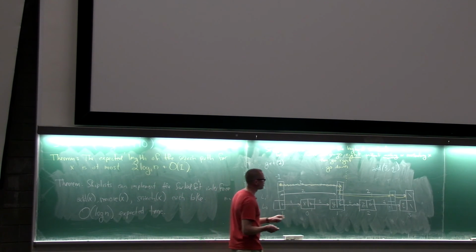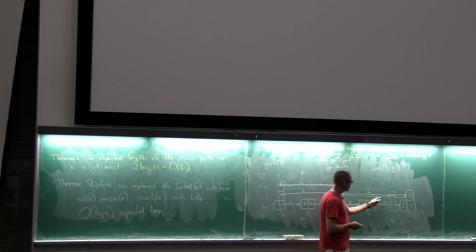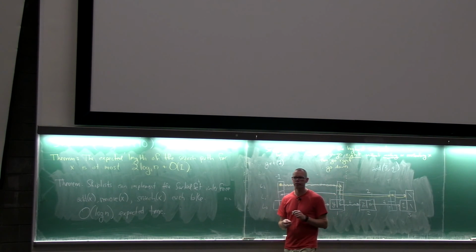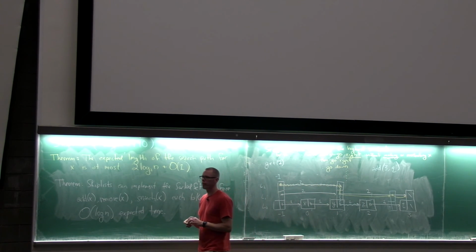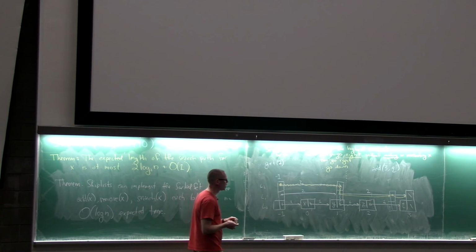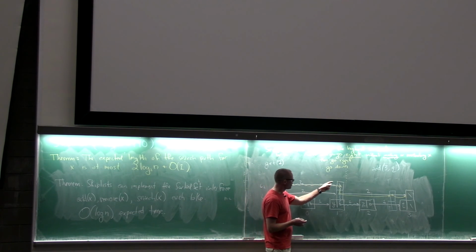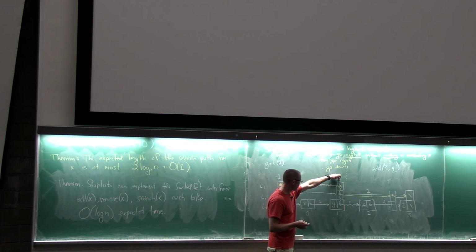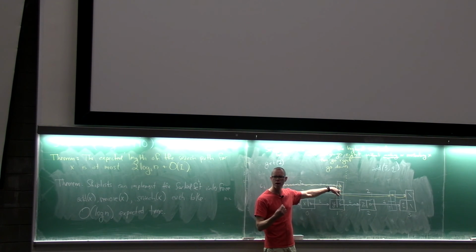So this first edge here, how do we know its length? We've been keeping track: we know we're standing at the node whose index is 1.